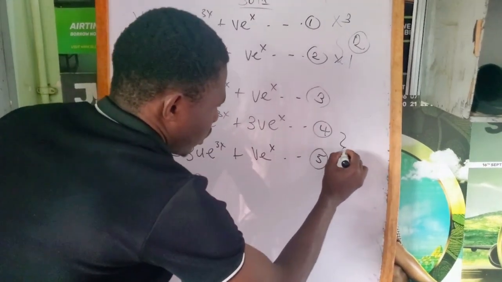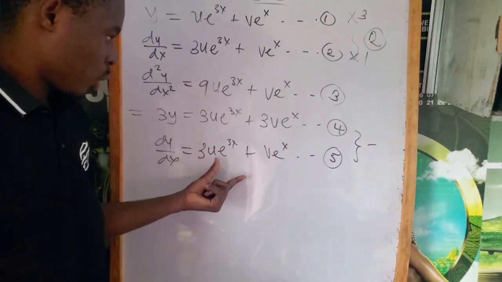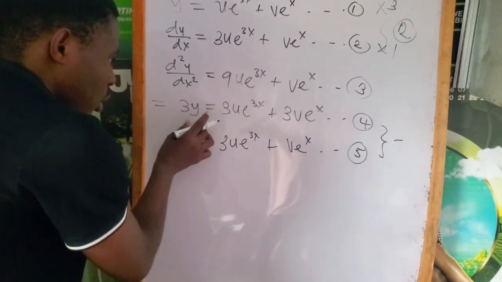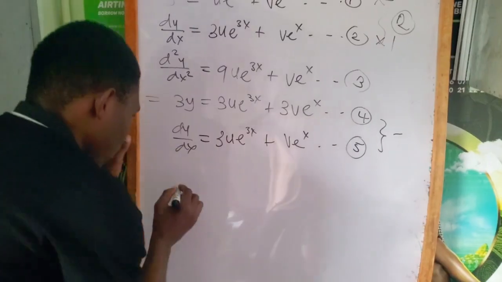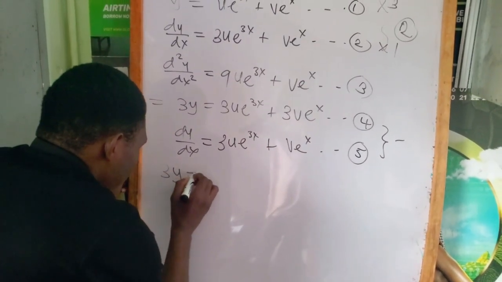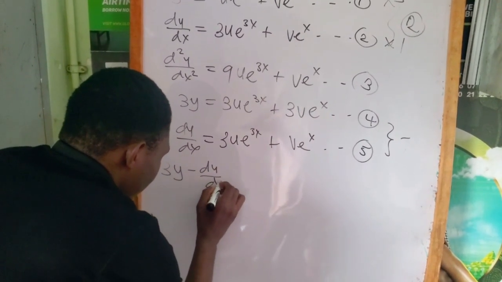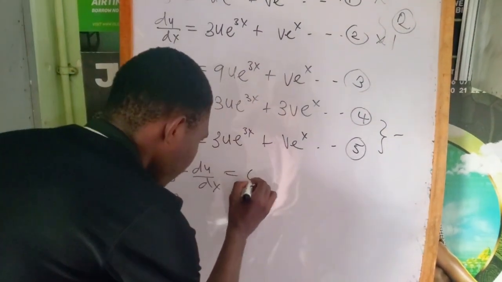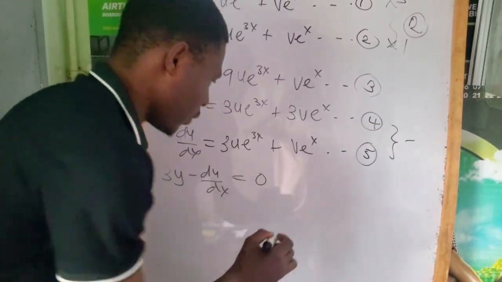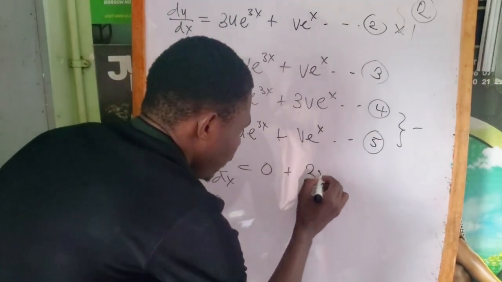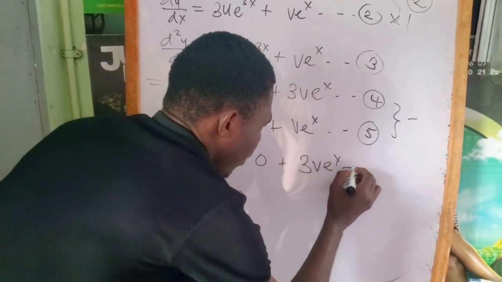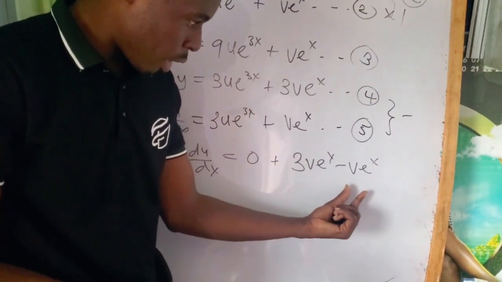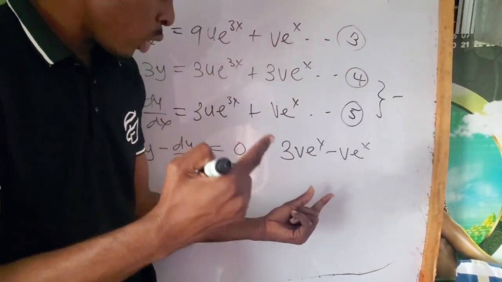Now if I subtract equation 4 from equation 5, on the left hand side I get 3y minus dy/dx, which is equal to, this minus this gives 0, and 3v e to the x minus v e to the x gives 2v e to the x.